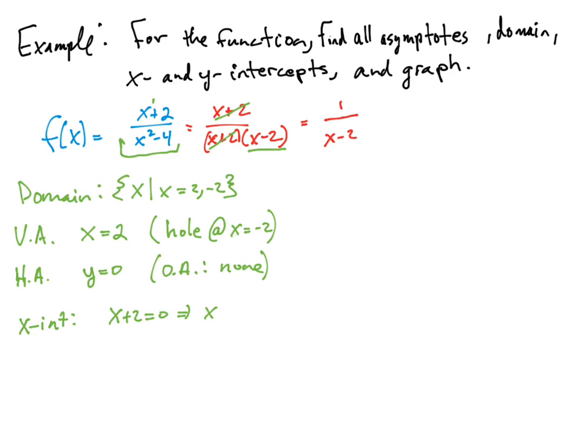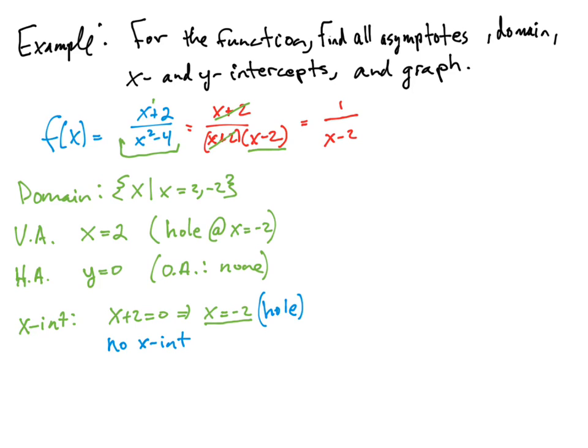This is going to tell us that we have an x-intercept at negative 2. However, this is where there's a hole in the graph. So we have a hole in the graph when x is equal to negative 2. Again, what this is telling us is that the function is undefined when x is equal to negative 2. So we're going to say that there is no x-intercept.